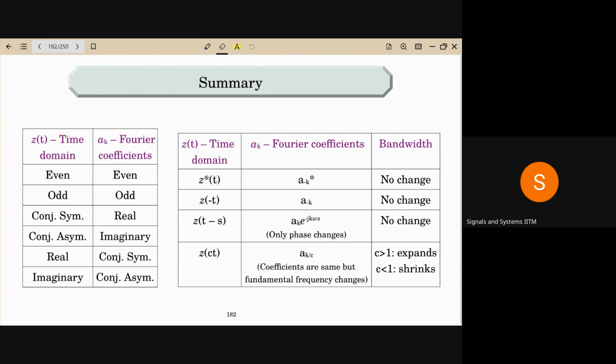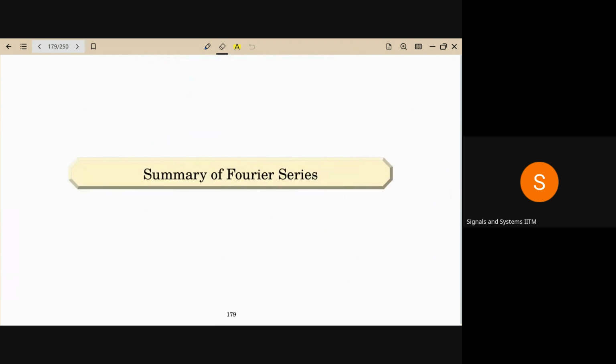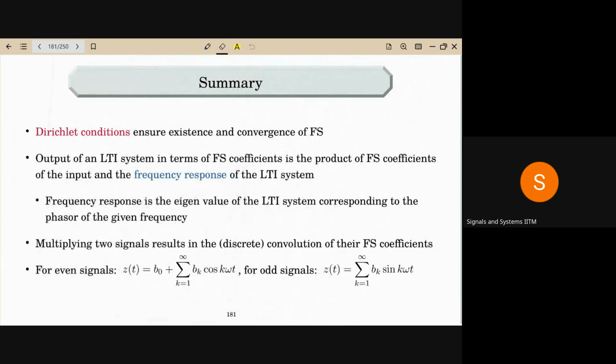Let's say you have a signal x of t, which is periodic with some period T. Which means there is a fundamental frequency, let us call it omega naught, equal to 2 pi by T. The sinusoids or frequency components present in a periodic signal are always harmonics of this fundamental frequency.